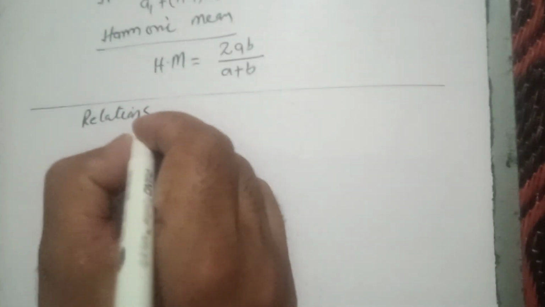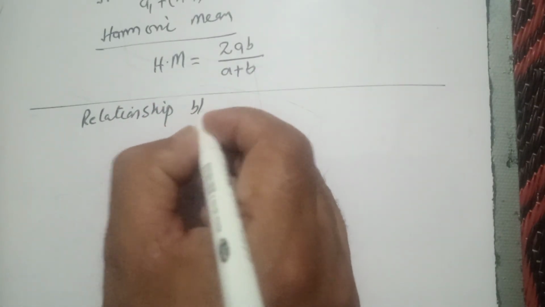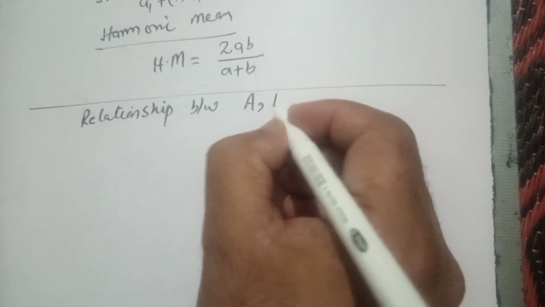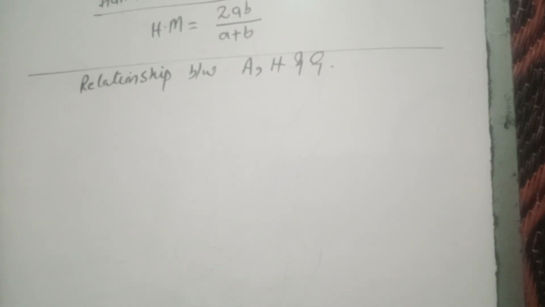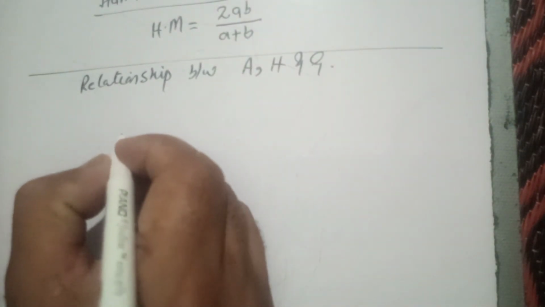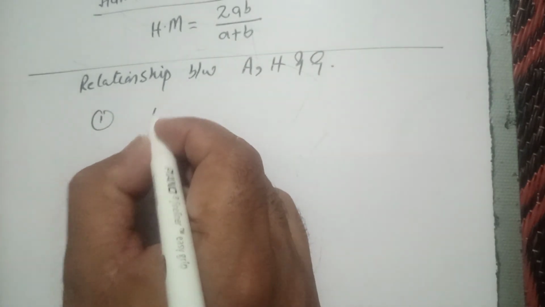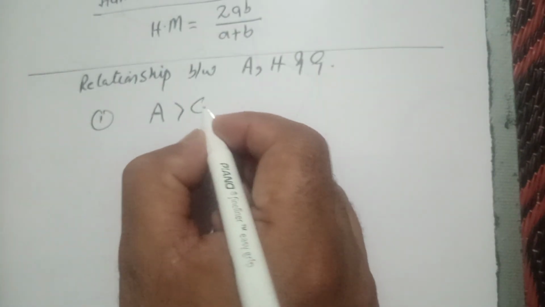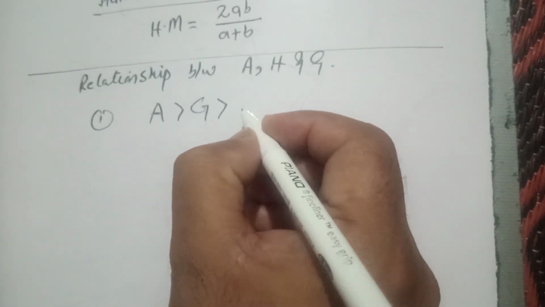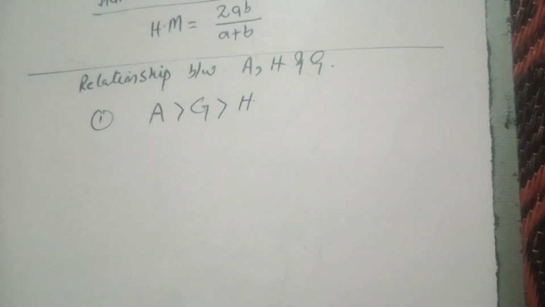Next, we have the relationship between the arithmetic, harmonic, and geometric means. First, the arithmetic mean between two numbers is always greater than the geometric mean, and the geometric mean is greater than the harmonic mean.